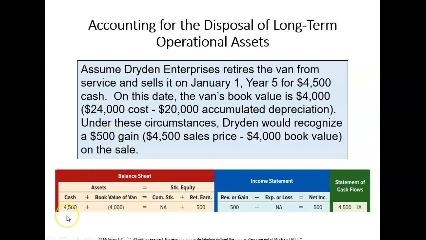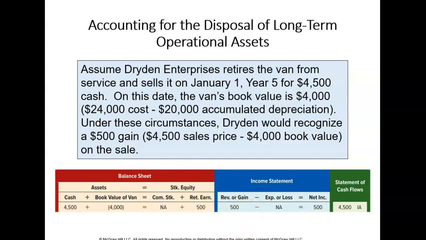So now the cash account will increase by 4,500. Because you sold the van, the asset account would decrease by 4,000. Retained earnings will increase by 500 because of the gain. The gain on the income statement is similar to revenue.